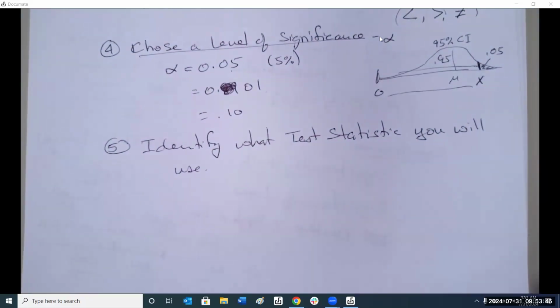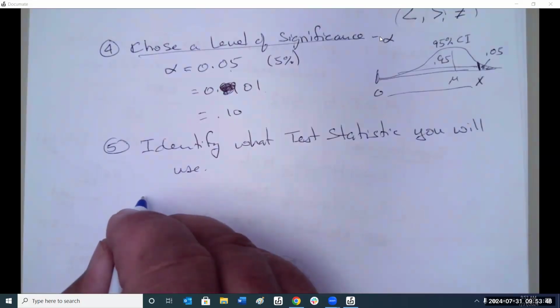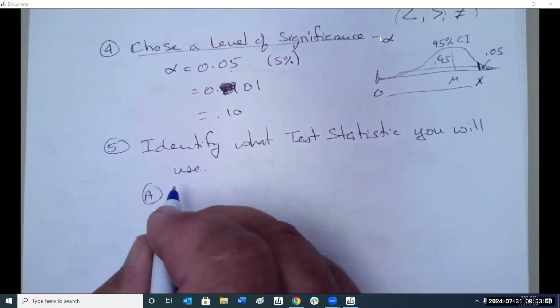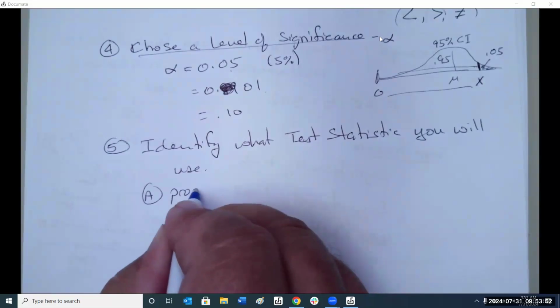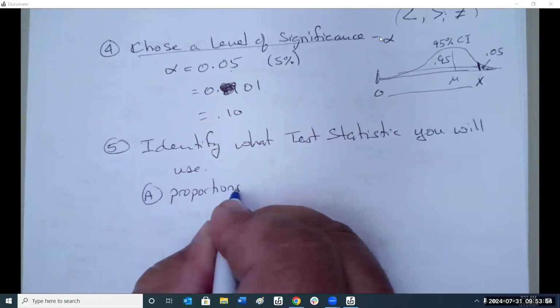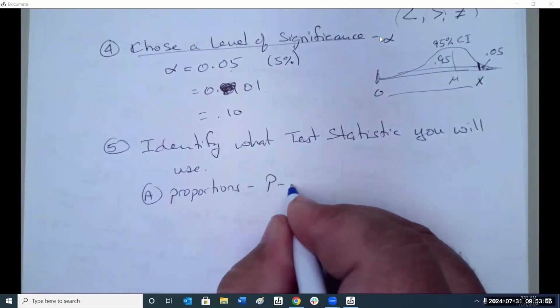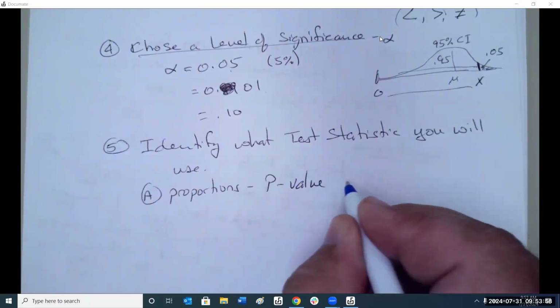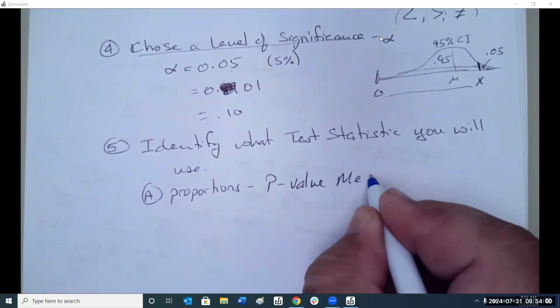There are three primary types. Proportions. That's when we use the p-value. We call it the p-value method or model.